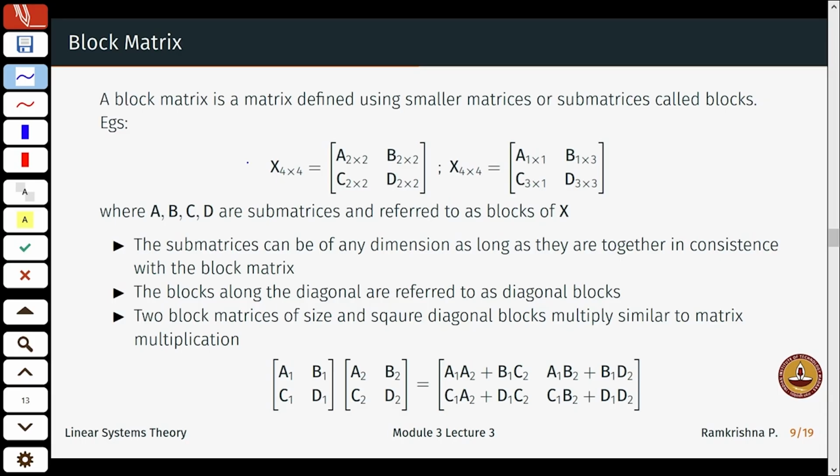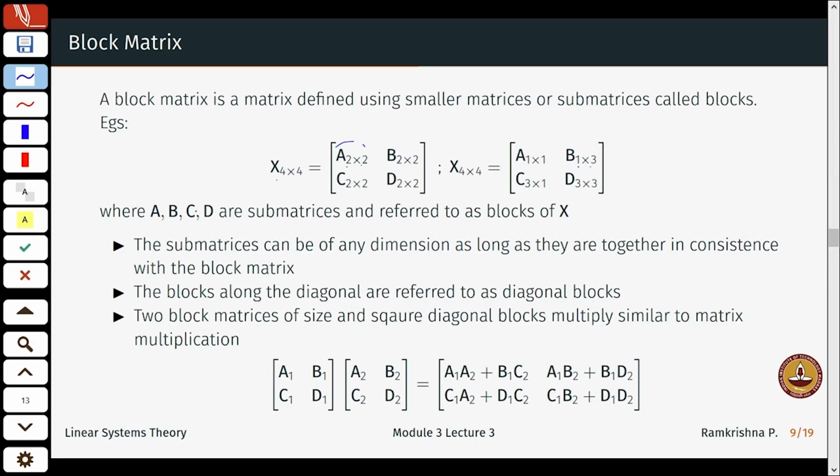I think from the word it should be intuitively clear, but let's just write it down mathematically. Let us say I have a matrix of dimension 4 times 4. I can split it into smaller submatrices, and there are several ways of doing this. This could just be a 1 cross 1, and this could be 1 cross 3 and so on, as long as the overall dimensions agree.